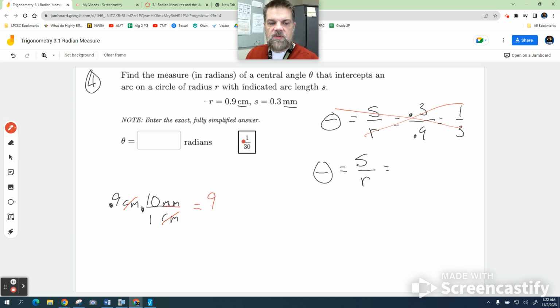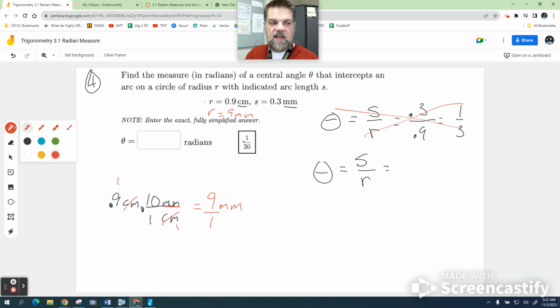And then I'm left with the units millimeters. Technically, this is a 1 times 1 here. So I got 9 over 1. And then 0.9 times 10 is 9. And then I just have the millimeters here. So now I know that my radius is equal to 9 millimeters.